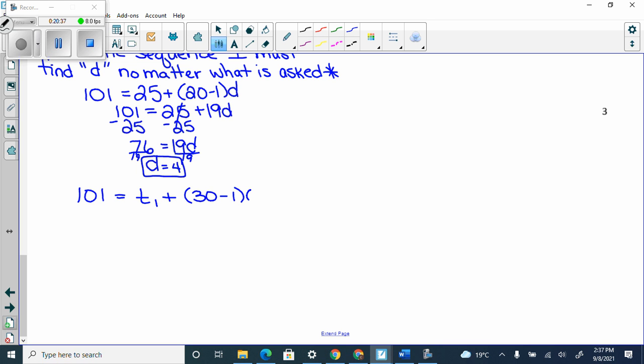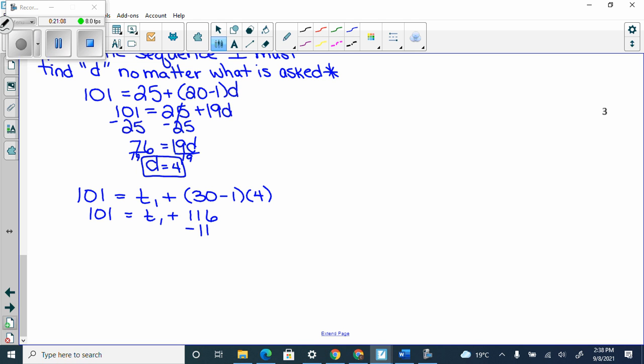So it's going to be 30 minus 1 times 4, because that's my D. So I get 101 equals T1 plus what's 29 times 4? Oh, I really went off. It's 120 minus 4, because if you do 30 times 4, you get 120, and you have to take off 4 more.